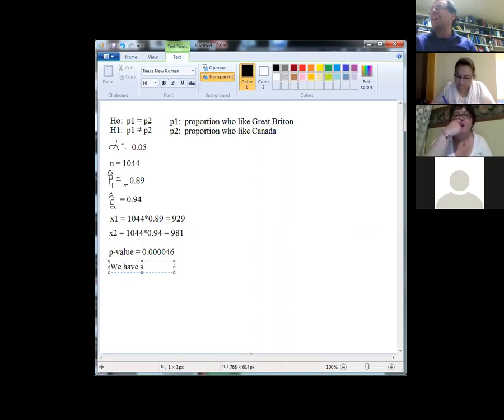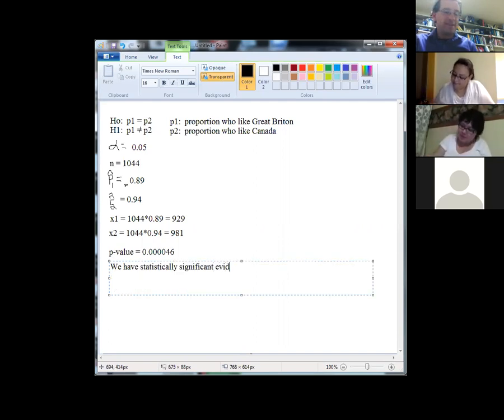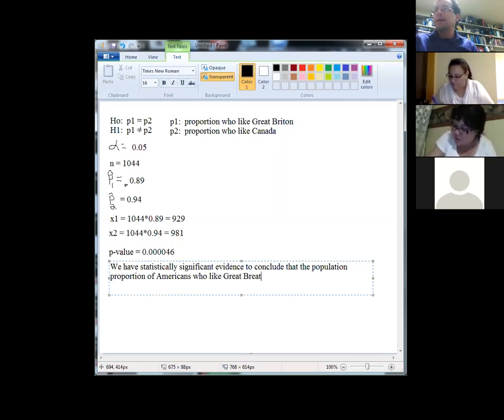We have statistically significant evidence to conclude that the population proportion of Americans who like Great Britain, and what do we say?